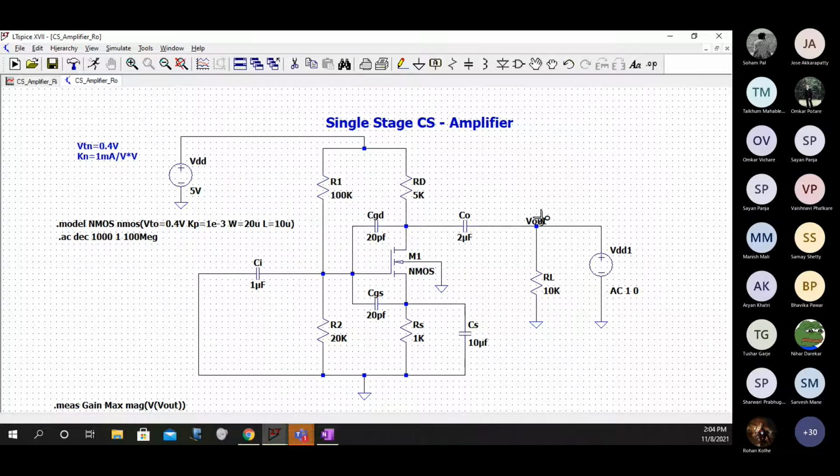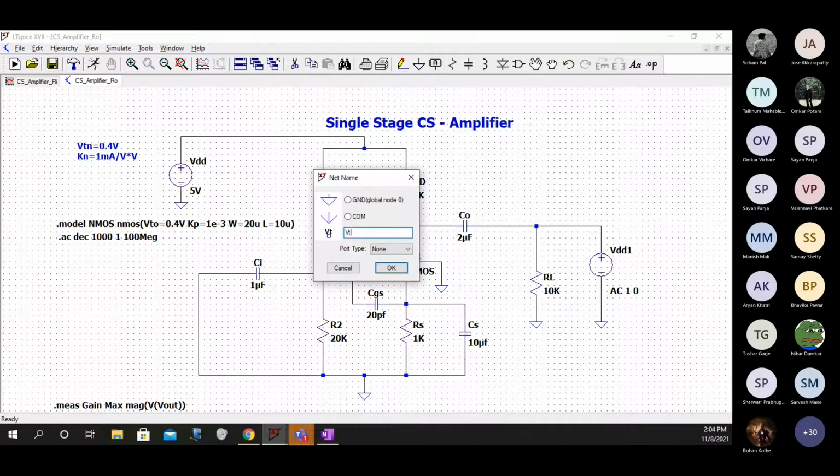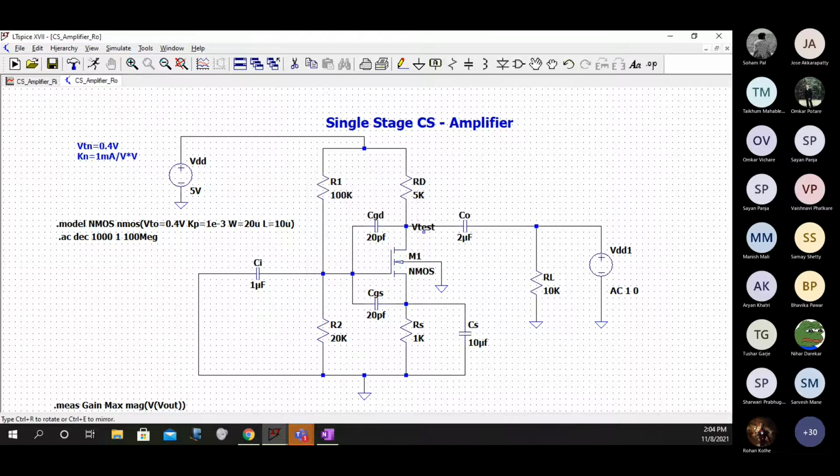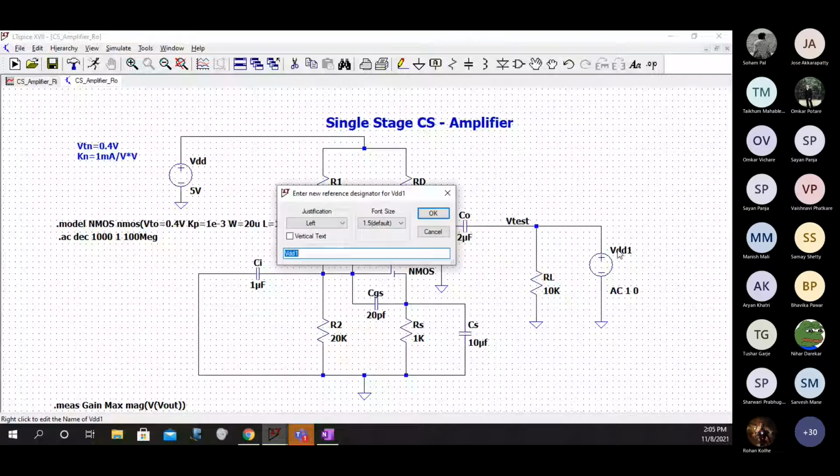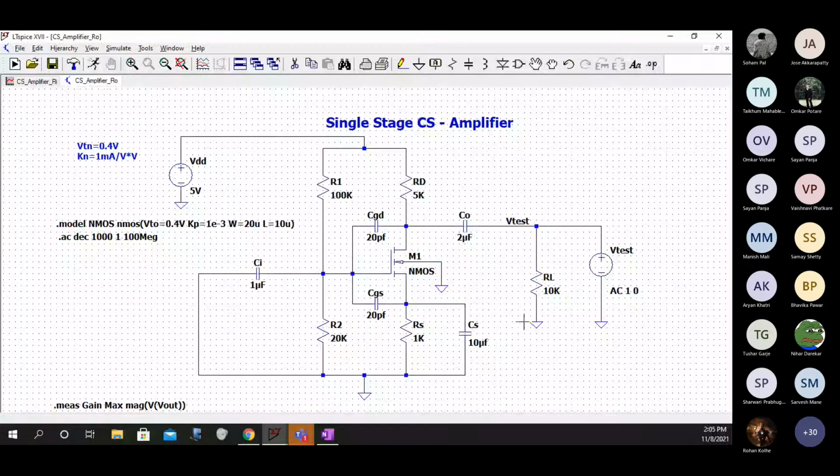Remove this V out because you cannot give two different names to the same node. Here we will write retest. Here also we will write retest. The name of this is retest.